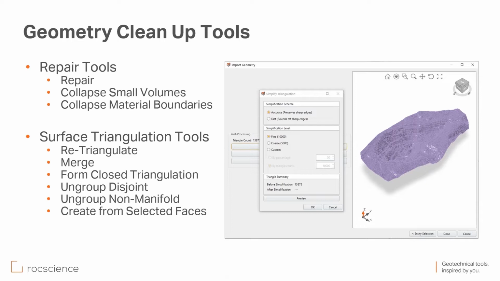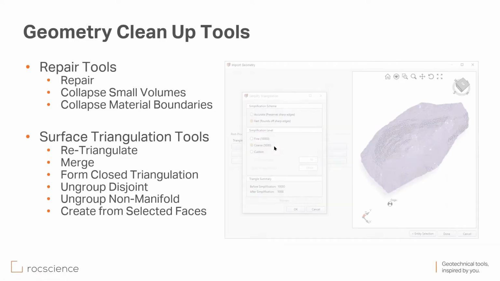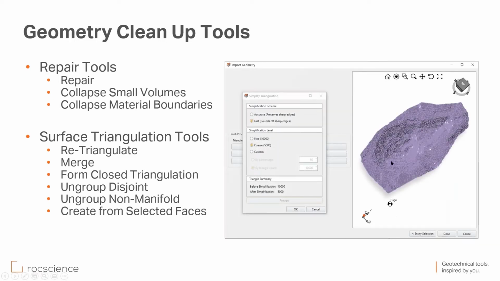That's why you have to modify these triangulations, and you can use the fine option or the coarse option, and you change the triangulation.